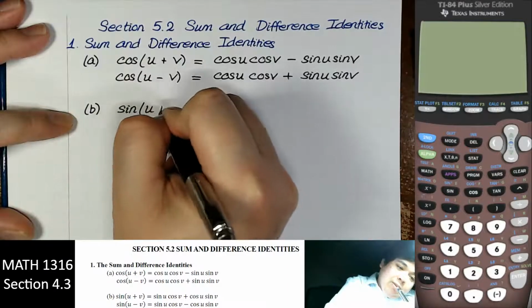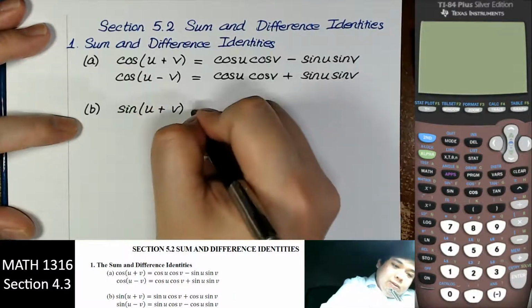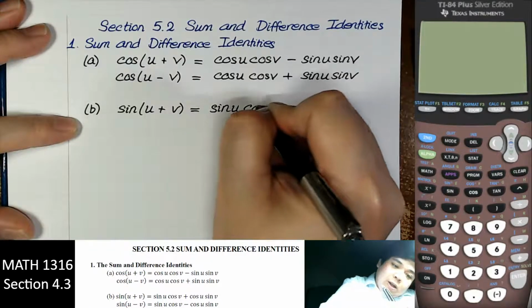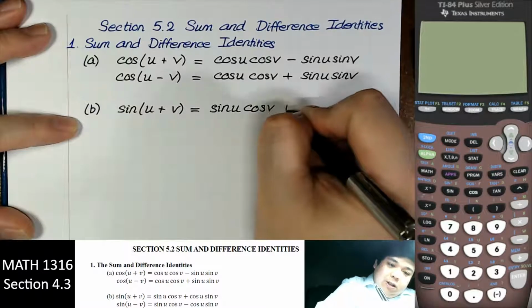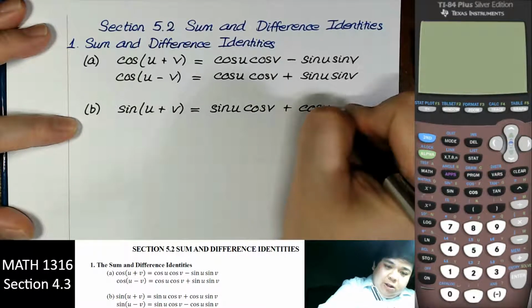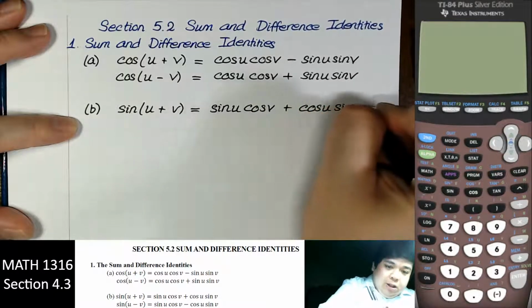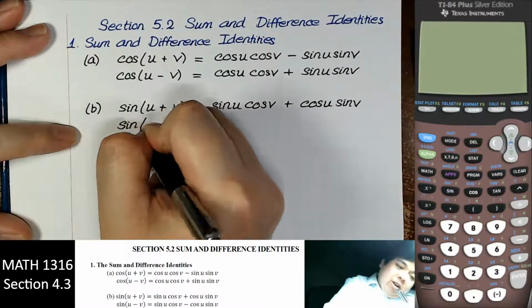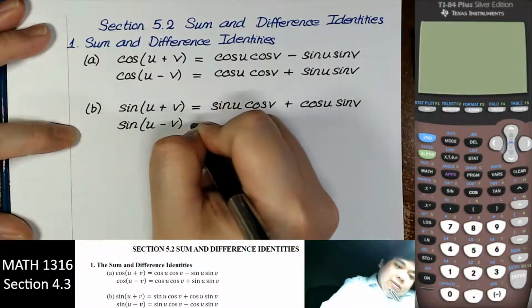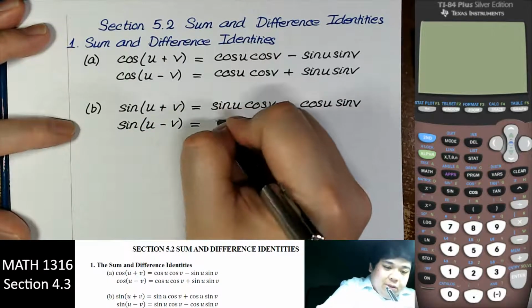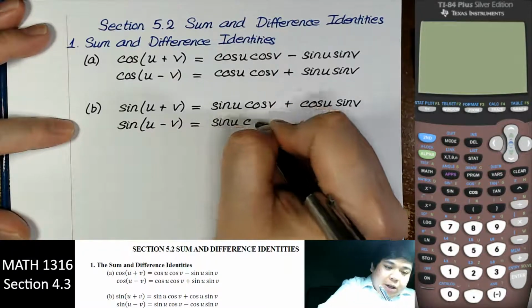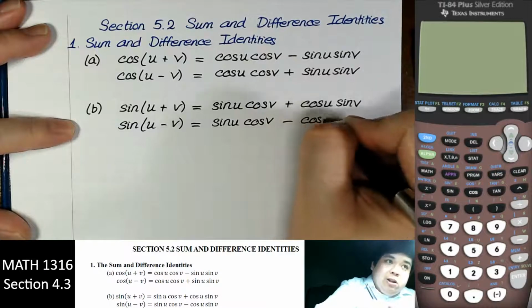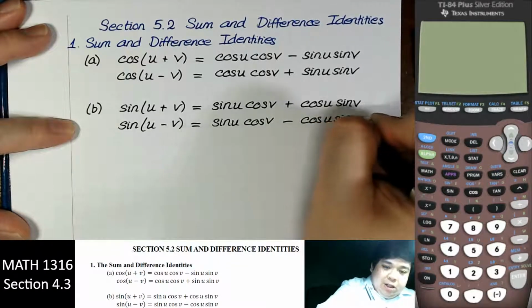Sine of a sum, sine cosine plus cosine and sine. And sine of a difference, sine cosine minus cosine and sine.